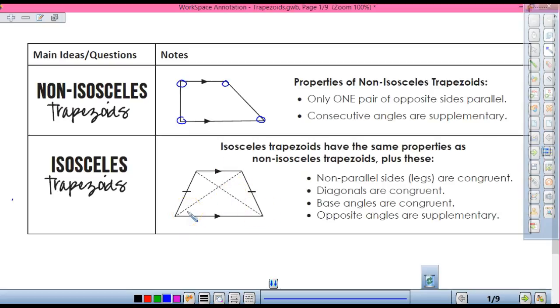My base angles are going to be congruent. That means that this angle will be congruent to this angle. This angle will be congruent to this angle. Consecutive angles will still be supplementary. And opposite angles, because we can use different properties for that. So far, so good?